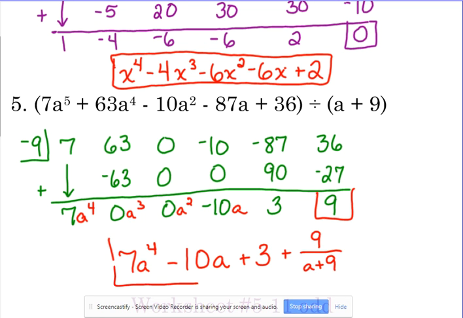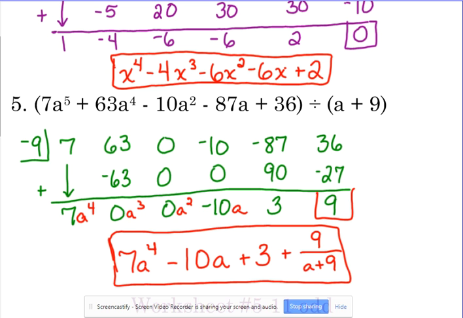And no, you cannot cancel those 9s. So if you've got zeros in your answer, you can just leave that part out, but I kind of needed them up here to know that I need to skip the a cubed and skip the a squared.